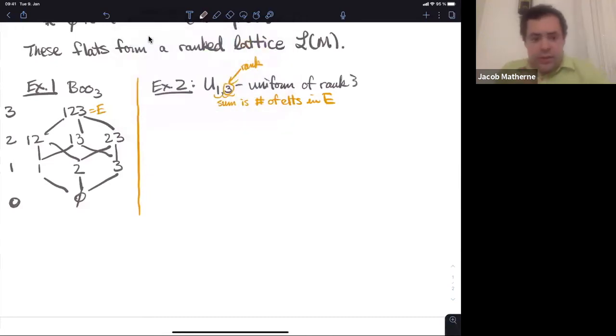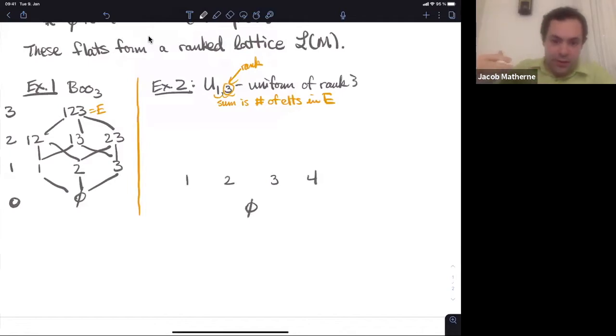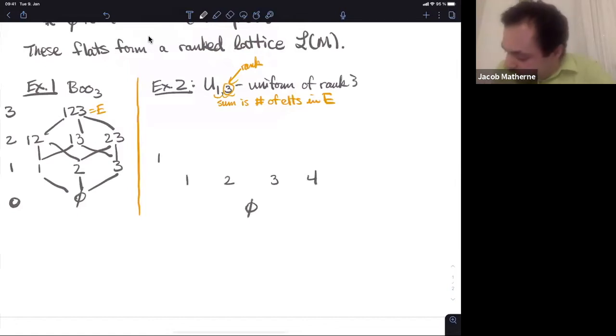Okay, so what does this look like? What I do is I start with the empty flat, and then I have the singletons, and I keep going up until my subsets are size 1 less than the rank. The rank here is 3, so I'm going to have these pairs.